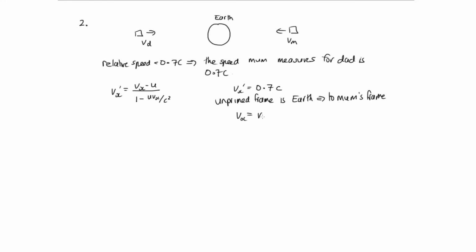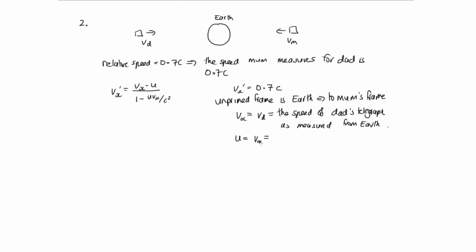So let's call that Vd equals the speed of Dad's telegraph as measured from Earth. And u, that's the speed of our new reference frame relative to the Earth. So that's the speed of Vm. So that is equal to Vm relative to the Earth.